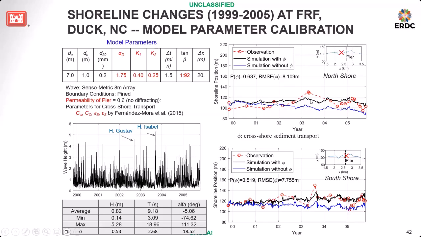Clearly, with cross-shore, we have better results if you measure using error. And in the south near the pier, the simulation using cross-shore captures pretty well the variation of shoreline change during season and annual.